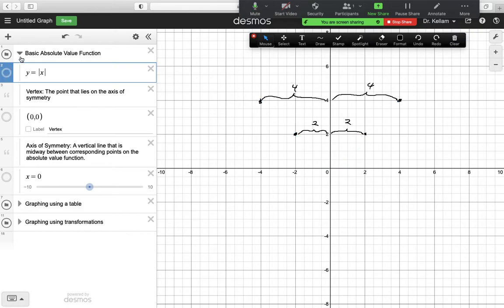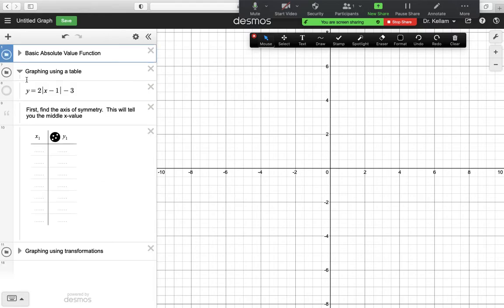So what we're going to do first is graph using a table. And if we're graphing using a table, the first thing we need to do is identify what our axis of symmetry is. And we use that axis of symmetry in order to plot the rest of our points.